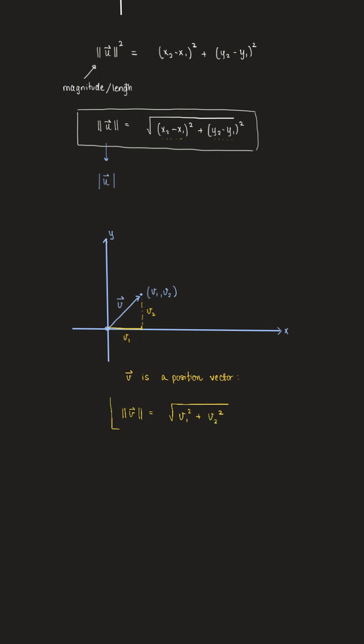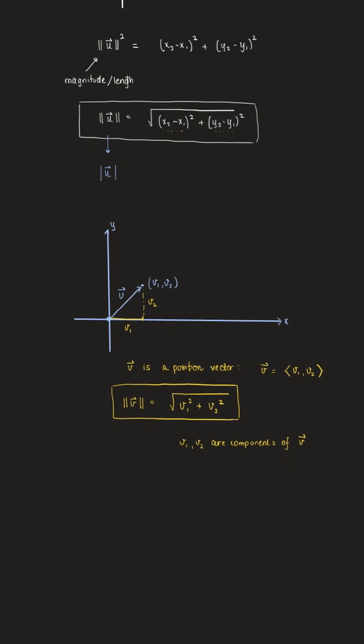So the magnitude of a position vector is just the square root of each component of the vector squared. Here, V1 and V2 are the components of vector V. In other words, V can be written as the vector V1, V2, and we can find the magnitude of V by just taking the square root of the squares of the components.